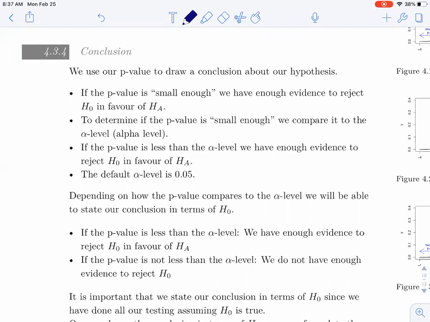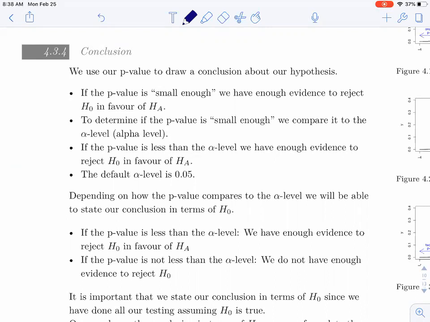The default alpha level is 0.05. So what we say is that if the p-value is less than the alpha level, I know that's all jargon, we have enough evidence to reject H0 in favor of HA. Like I said, the default alpha level is 0.05.